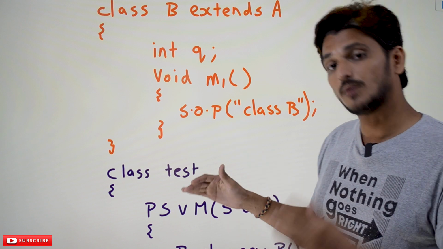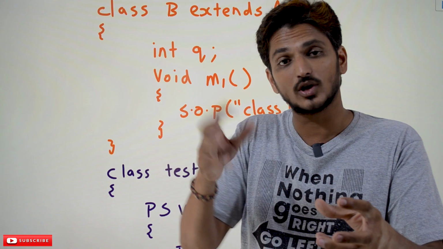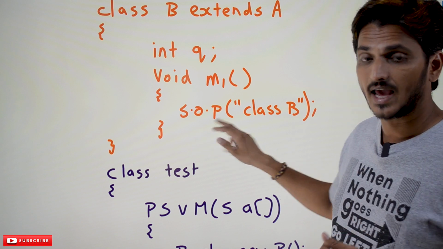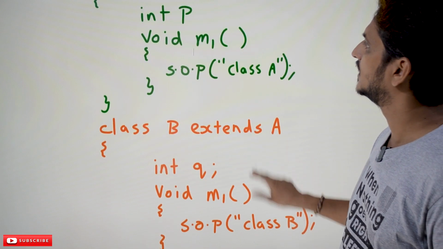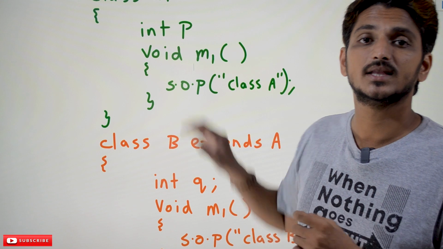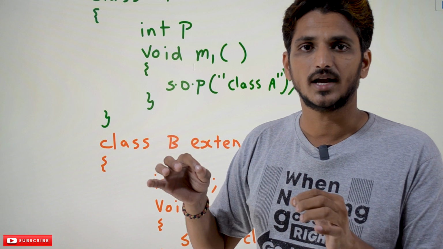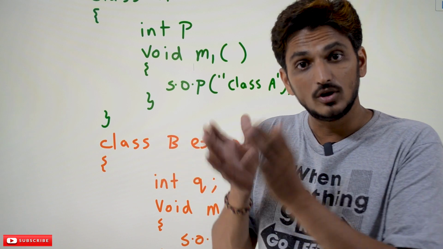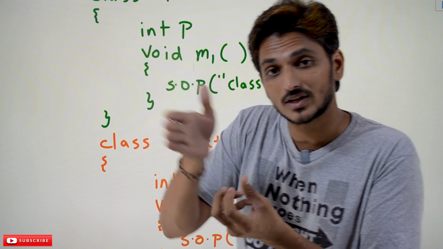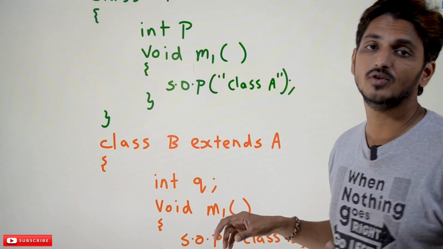In this m2 method, suppose as a programmer you are applying some logic, and in your logic you need to access the method m1 from class A. How are you going to call the method that is present in class A? This point you need to understand. The solution, how we are going to call the method present in the above class, we are going to discuss in our next class. If you understand the point here, the next class is very easy.